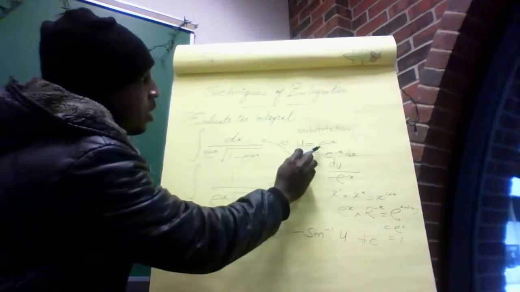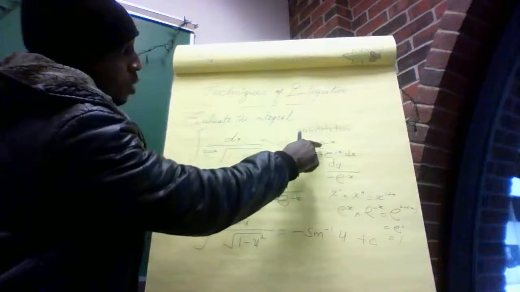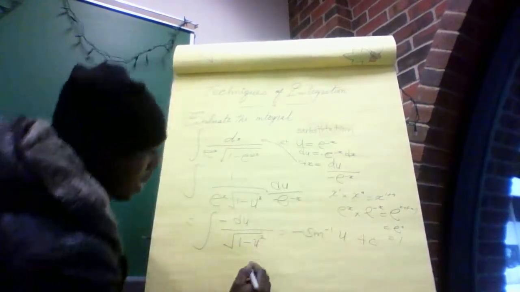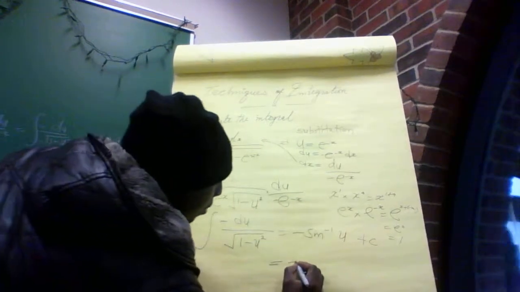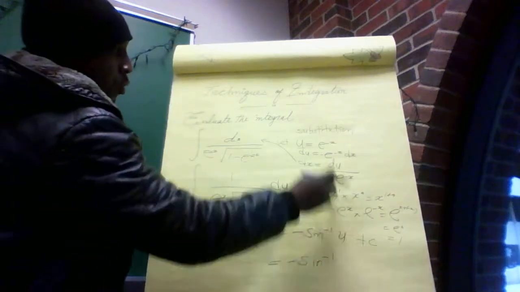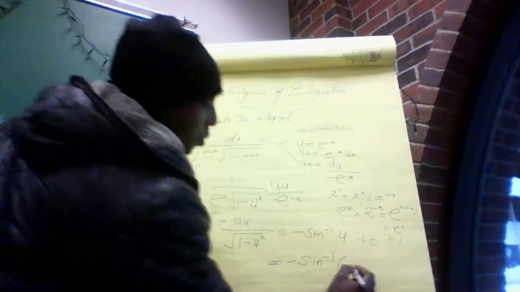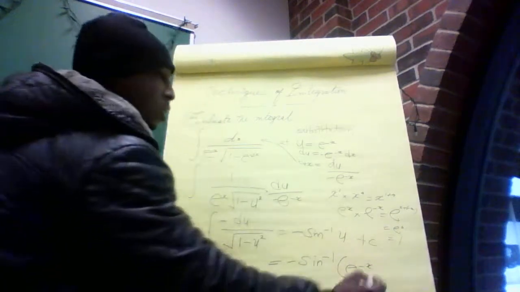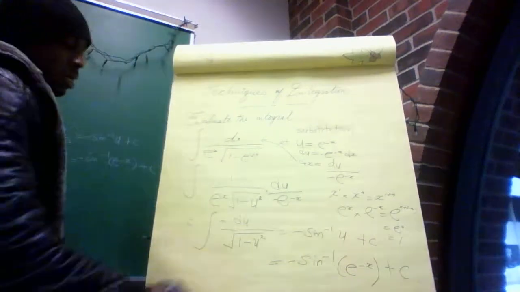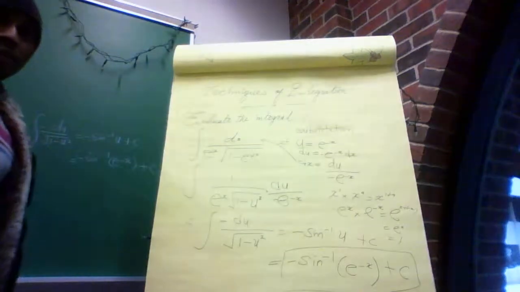Remember, u equals e raised to negative x. So I just change it back there. So this answer is simply negative arcsine of e to the negative x plus my constant. So that is the answer of what we're looking for.